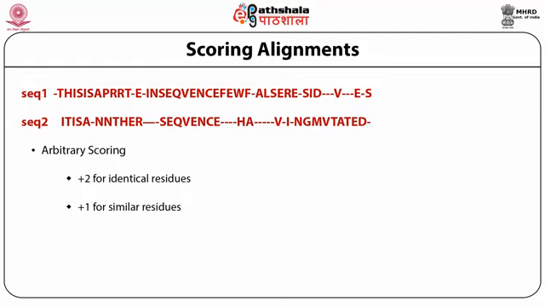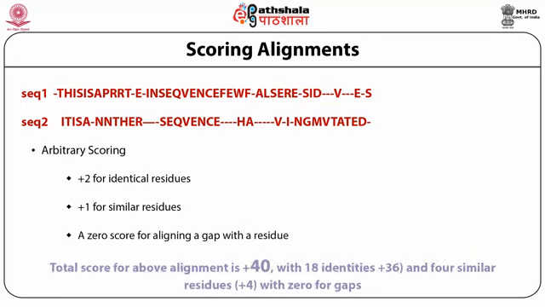On the other hand, whenever we have aligned a gap with a residue, we assign no score for that column, that is a 0. The total score of an alignment is defined as the sum total of all the scores of individual columns. The total alignment score is the sum of scores for individual identities, similarities, and gaps.